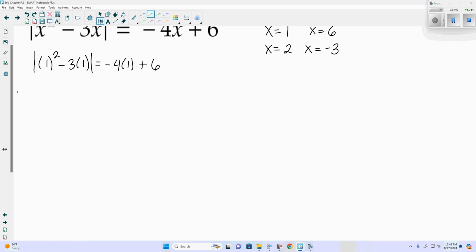But if we do this by hand, the right-hand side, negative 4 times 1 would be negative 4. Negative 4 plus 6 is 2. The left-hand side, we have 1 squared, which is going to be 1. Negative 3 times 1 is negative 3. Our 1 minus 3 is negative 2. Take the absolute value of negative 2, we get 2. So 2 is indeed equal to 2.